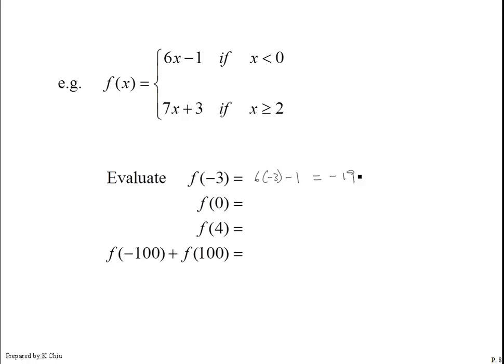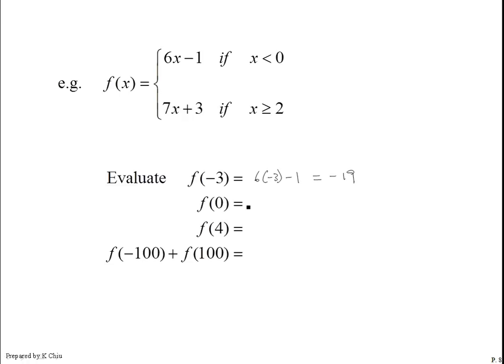What about f of 0? When x is equal to 0, which formula should we use? The second one? Should we use the second? We use the second when x is greater than or equal to 2. How about the first one? We would use it when x is less than 0. But now x is equal to 0. So which one should I use?